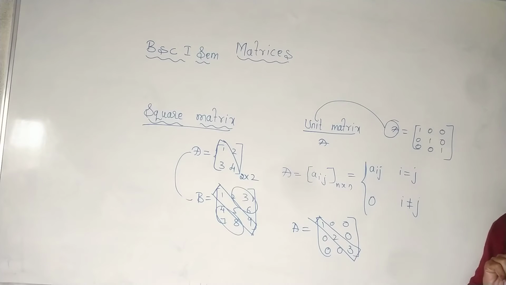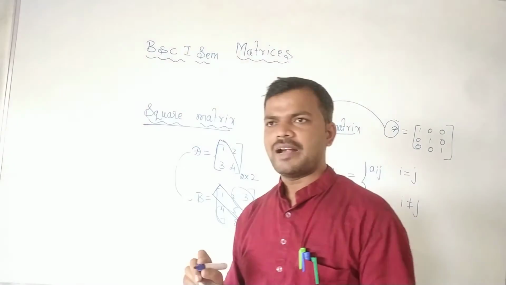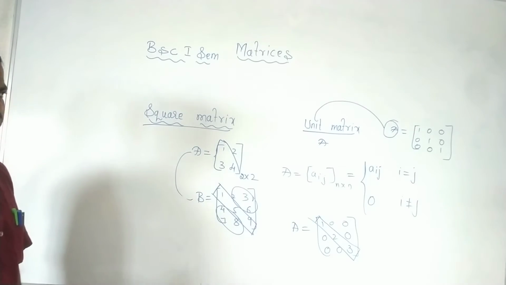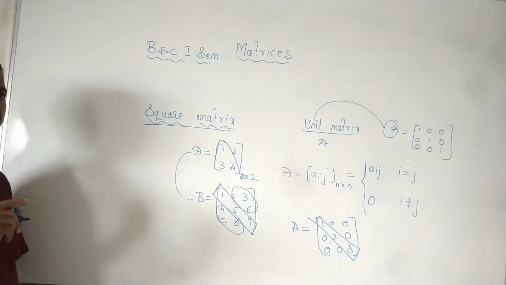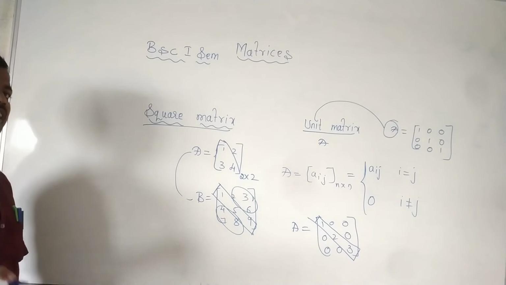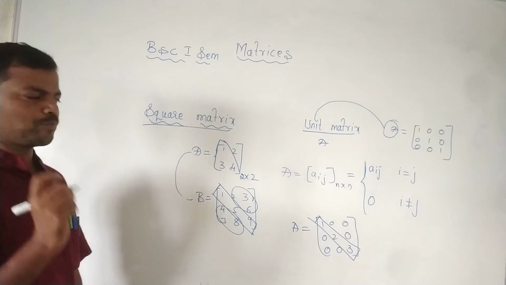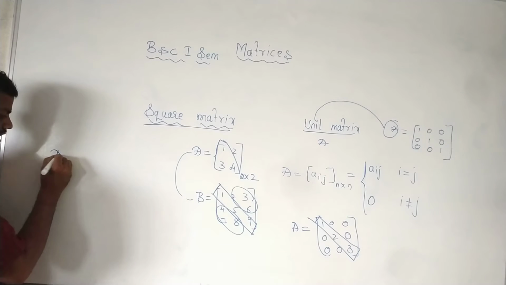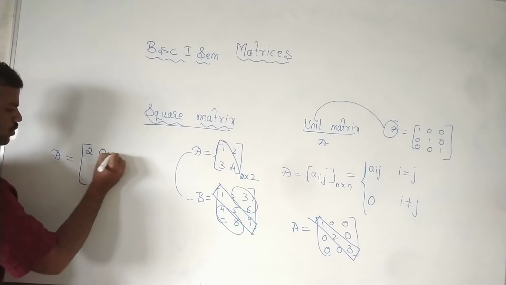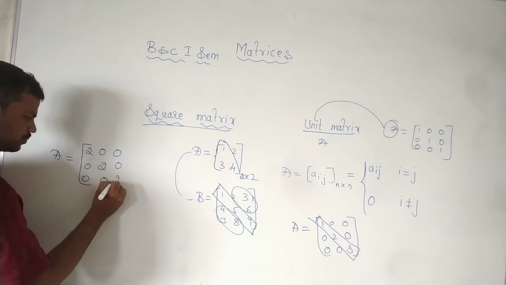Next we have to study the scalar matrix. A matrix A is said to be a scalar matrix if it is a diagonal matrix whose diagonal elements are the same, for example 2 0 0, 0 2 0, 0 0 2.